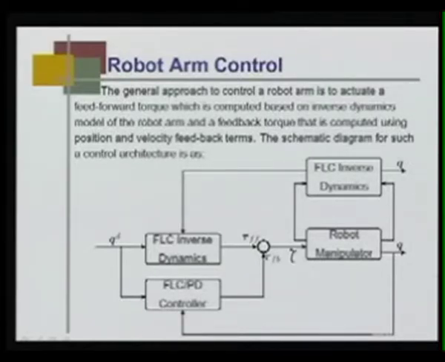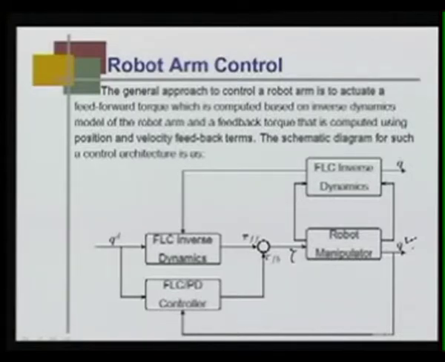The objective is that the robot manipulator should follow the desired trajectory QD, that means Q should follow QD. This is a generic architecture for a robot manipulator; this is inversion, this is for stability.